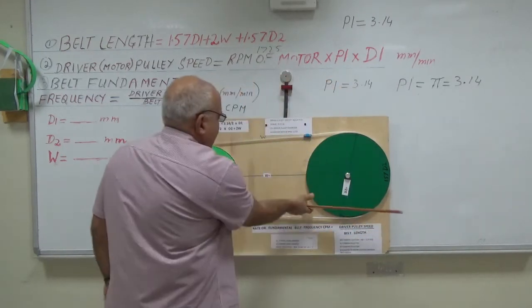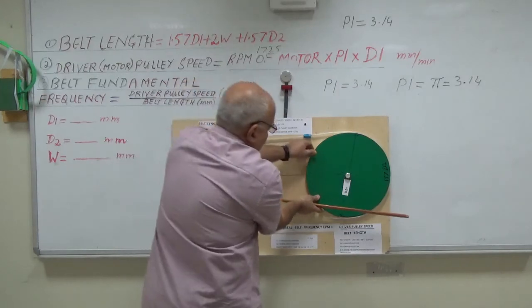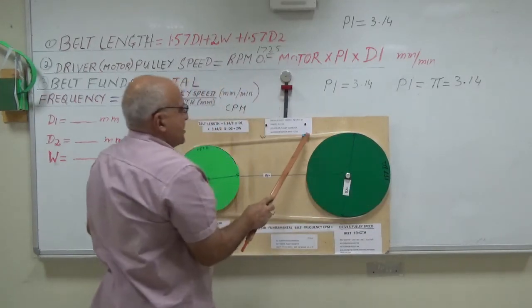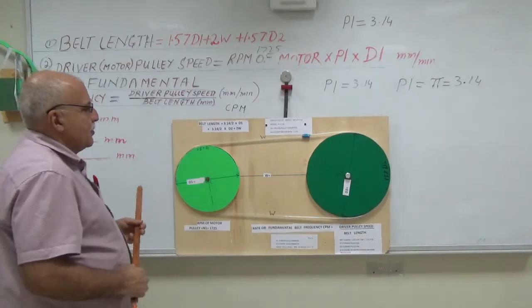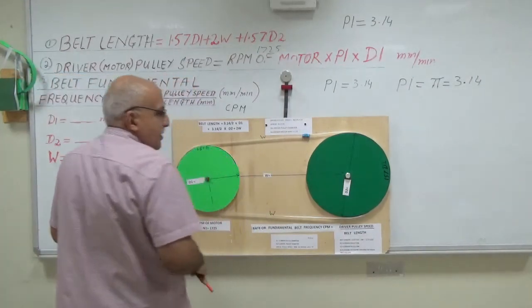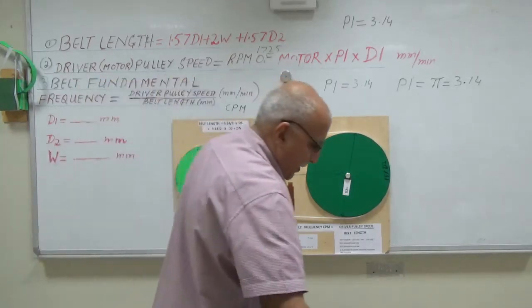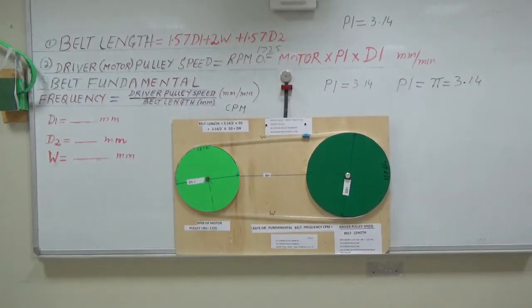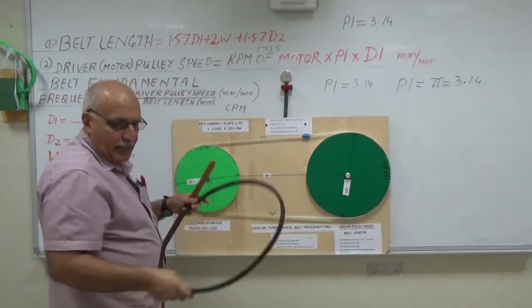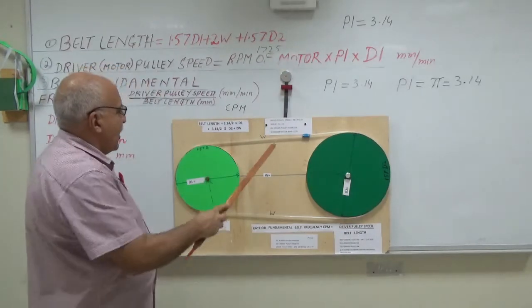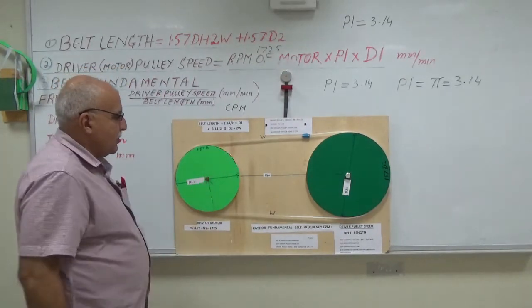I am showing it to you by putting a tape here. Actually the belt is not like this. This is the actual belt. But just to make you understand, I have used this plastic tube, and you can consider it as a belt.